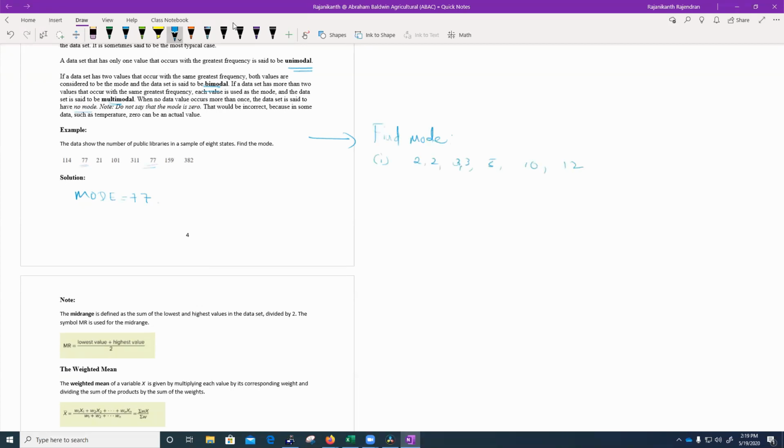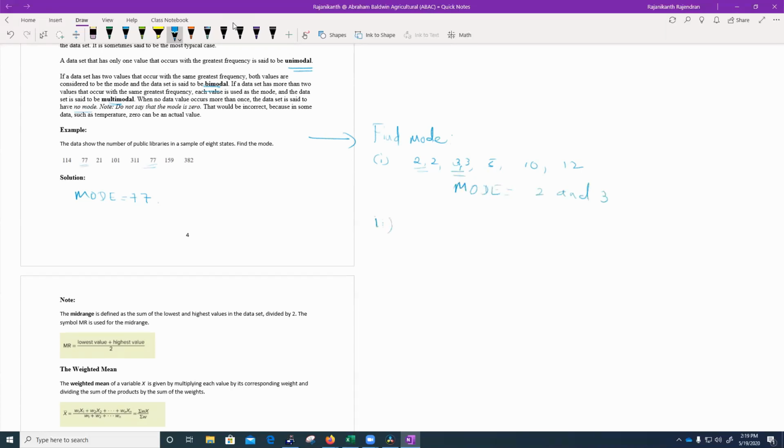What is the mode? If you look carefully, 2 occurs 2 times, 3 occurs 2 times, remaining all appear only 1 time, right? Therefore, 2 and 3 occur more. These two have the same equal frequency. Therefore, mode is now 2 and 3. So you have 2 answers, right? Does that make sense? Okay.